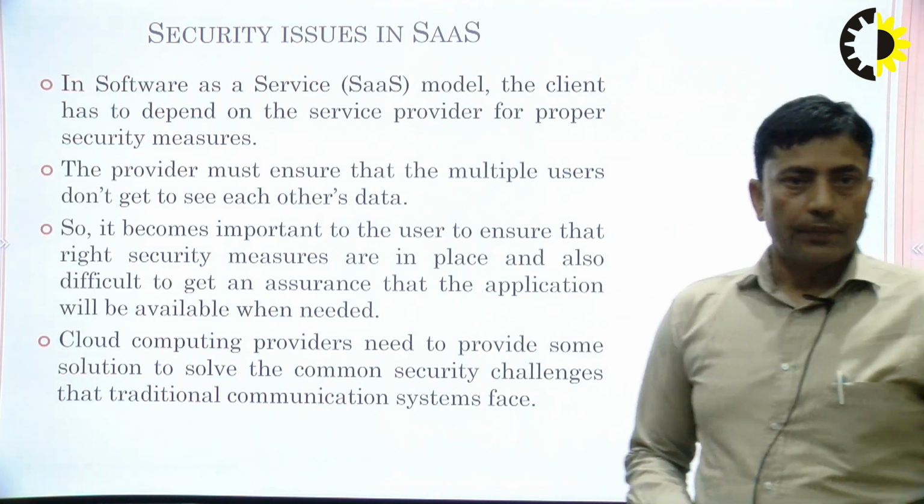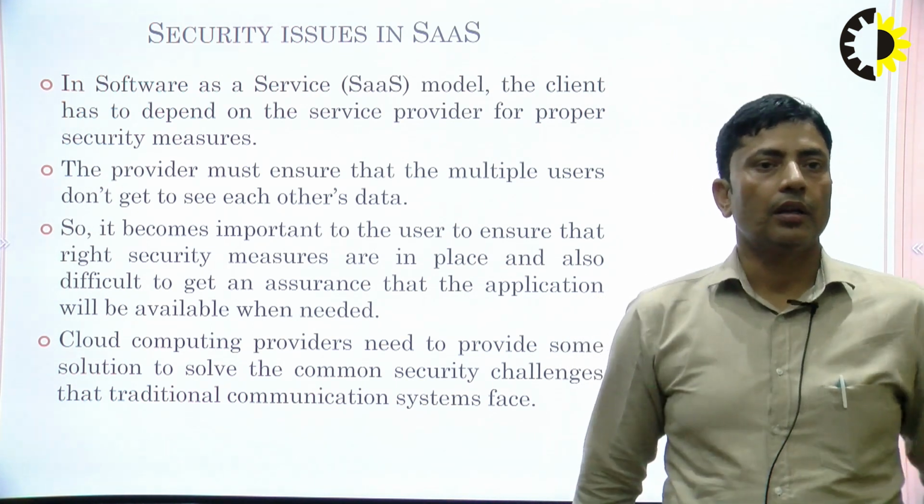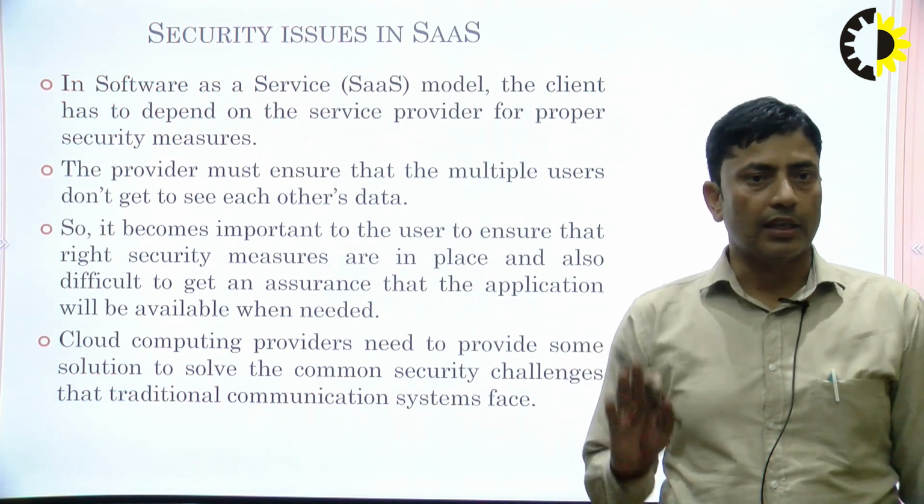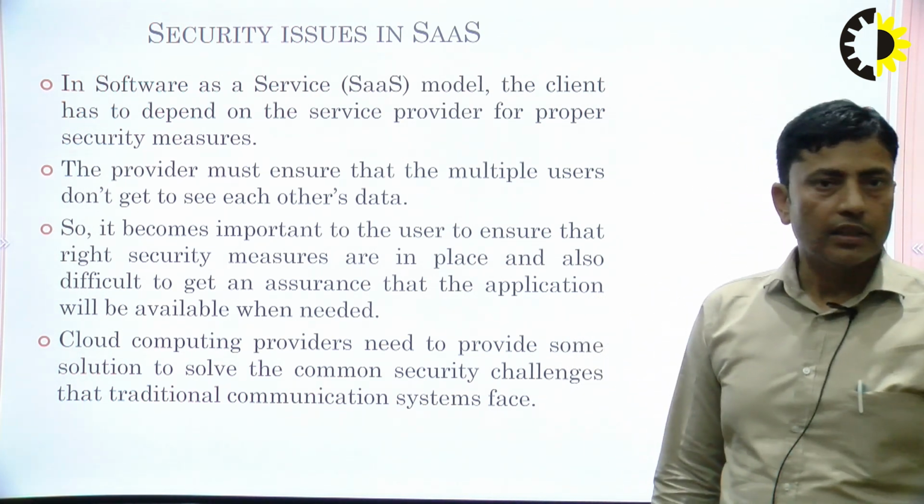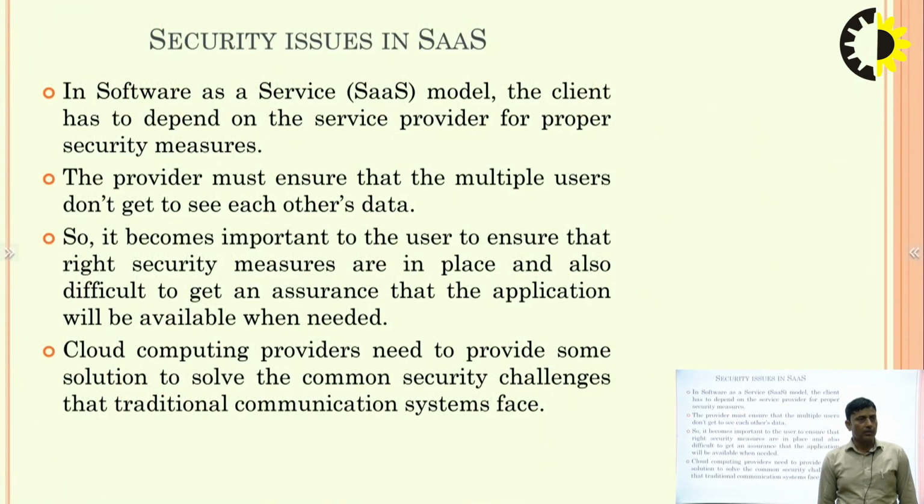SaaS security. As we know, cloud can be categorized into 3 types: SaaS, software as a service, IaaS, infrastructure as a service, and PaaS, platform as a service. But here we are discussing the SaaS security issues.